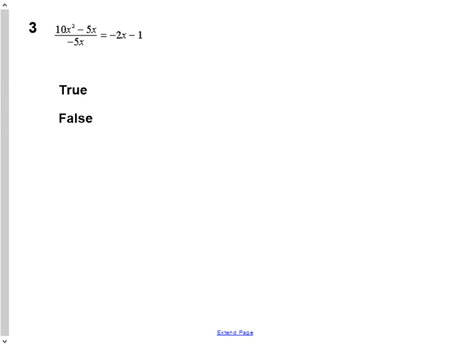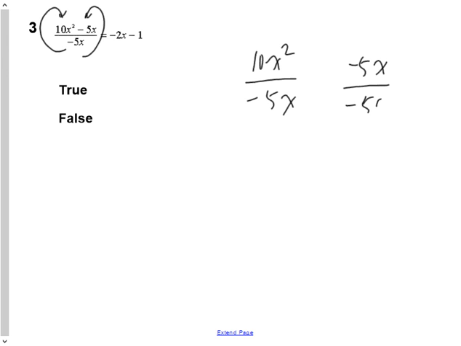Question 3 says the division of the binomial 10x squared minus 5x by negative 5x is the same value as negative 2x minus 1. What we're going to do here is use the distributive property again and divide all of the terms of our binomial by negative 5x: 10x squared divided by negative 5x, and negative 5x divided by negative 5x.